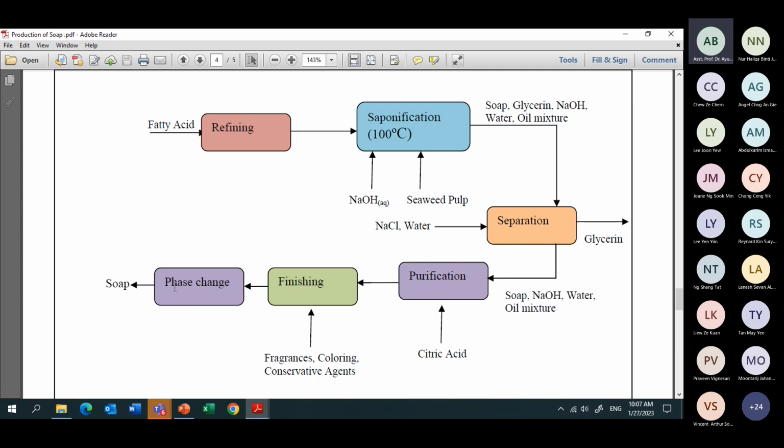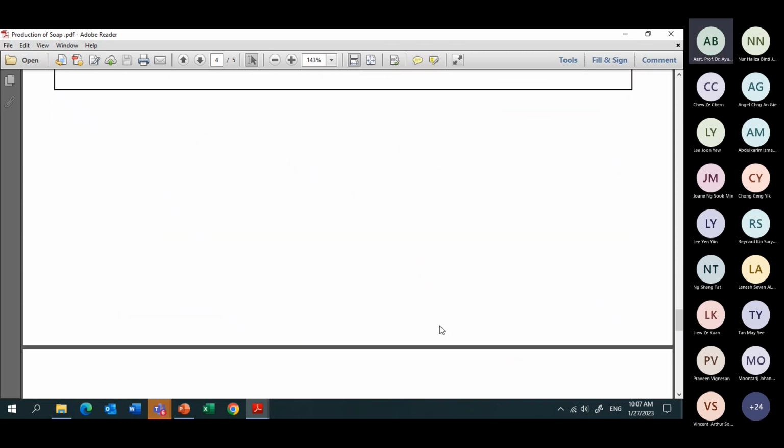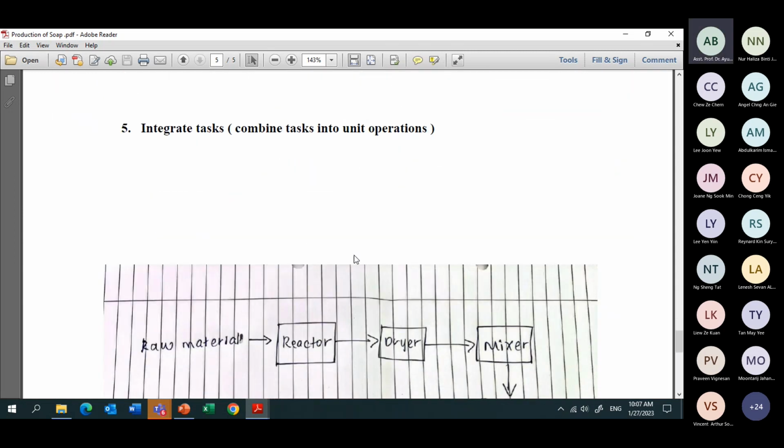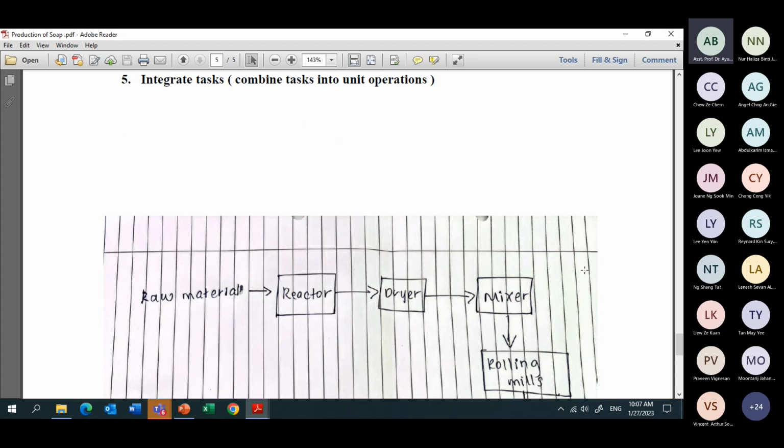Because here you mention only phase change, so I assume only the phase change. If there is a temperature change, then just mention temperature change. Perhaps this unit op will change both properties. I see. Okay, thank you, noted. For number 5, make sure you try to redo it so that you understand better.